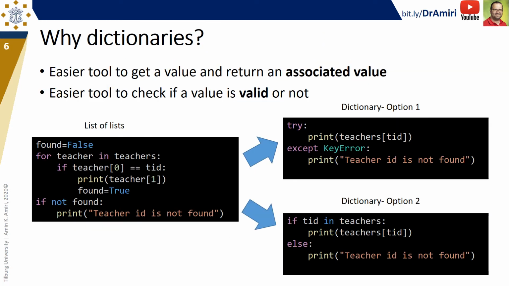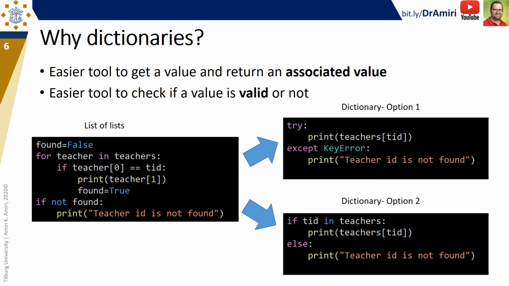So why do we use dictionaries? Because whenever we have a value and we want to return an associated value, dictionaries can make the coding way easier for us, make it way faster.